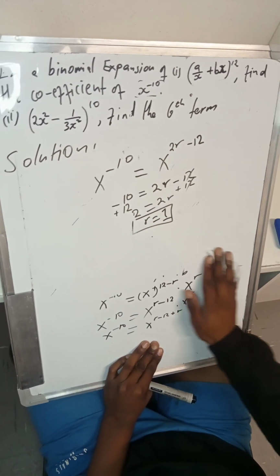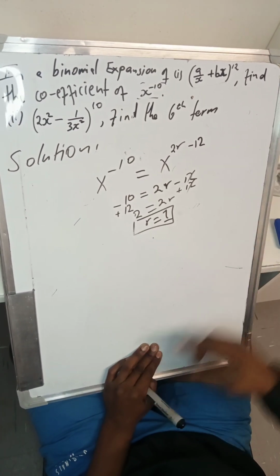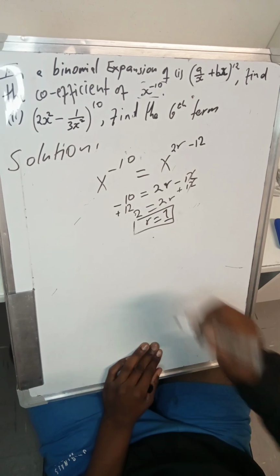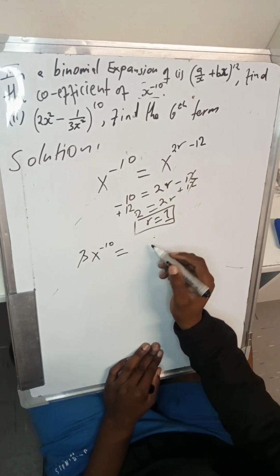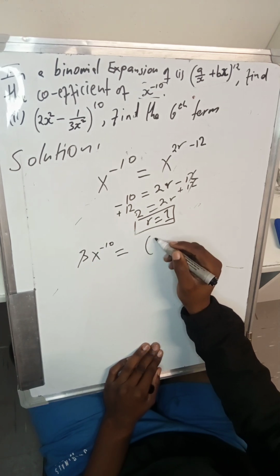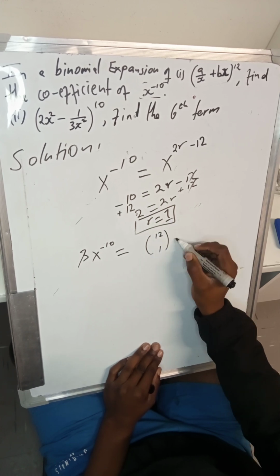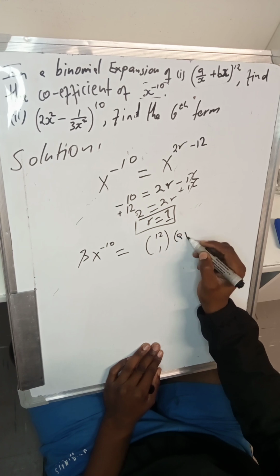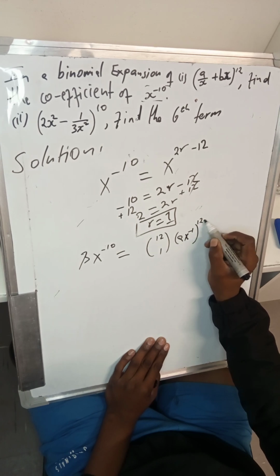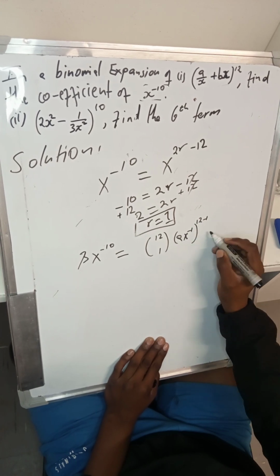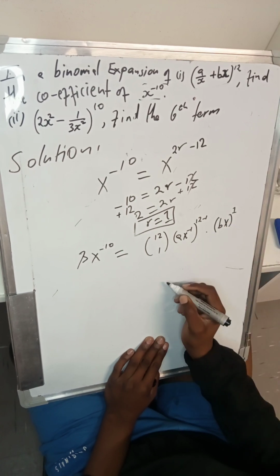Oh my god, I've erased it. But we know that beta x to the negative 10 is equal to, now that we know our r, 12 choose 1 of ax to the negative 1, to the 12 minus 1, times bx to the power 1.